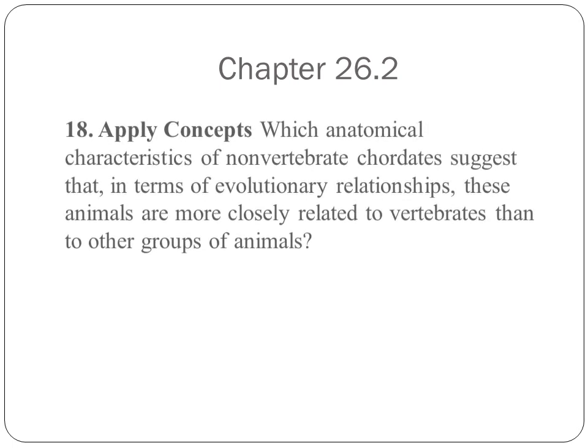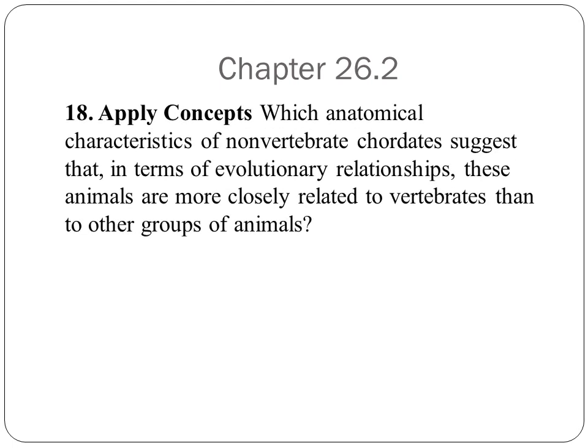Well, now let's see the last question. Which anatomical characteristics of nonvertebrate chordates suggest that, in terms of evolutionary relationships, these animals are more closely related to vertebrates than to other groups of animals?